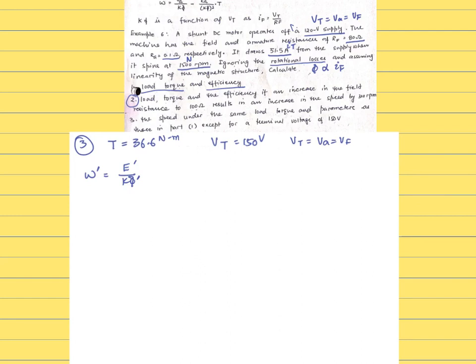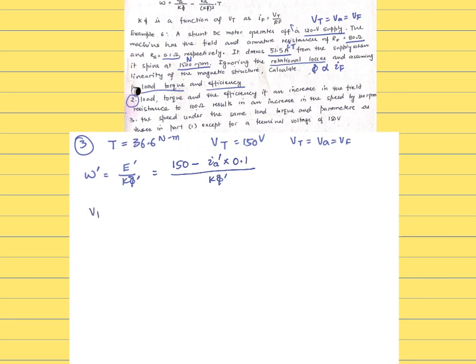In order to have E prime, I'm going to say it's the new voltage VT minus IA prime multiplied by the fixed resistance as 0.1, divided by K phi prime. In order to have IA, we're going to use the torque, but since K phi will be different, let's solve for K phi first.